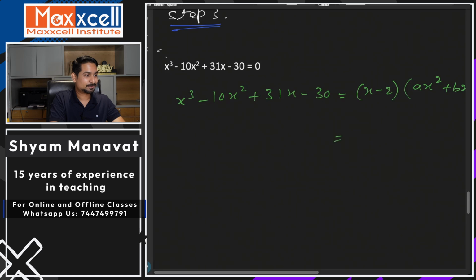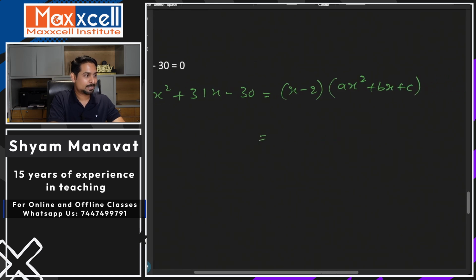Okay, let's focus on the right hand side. So x minus 2 multiplied here, x minus 2 multiplied here. For the cube term I have only ax cube.